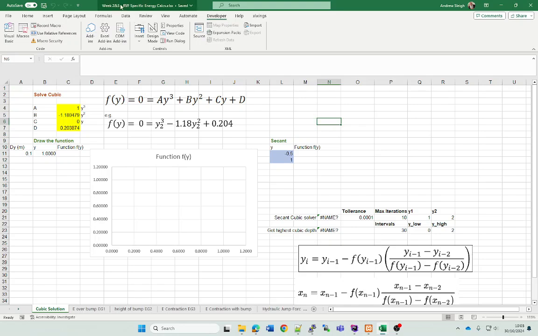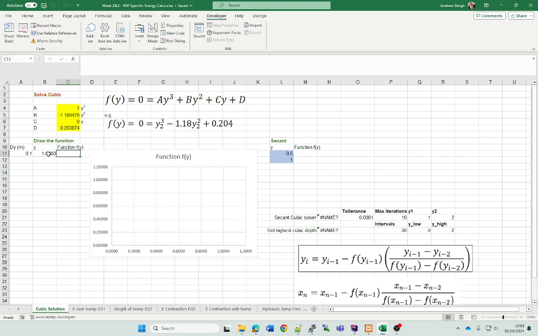Okay, so week 2-3 rapidly varied flow specific energy calcs Excel. This hasn't got the cubic solves .bas function in yet, but we're going to include it.